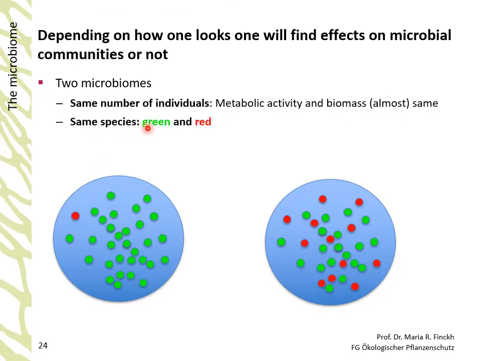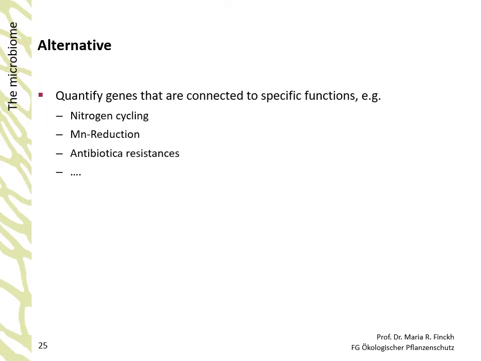And the same species can be found, the green and the red. So if we look at this level, we will not see a difference in these 2 microbiomes, which is obvious, however. The equilibrium is shifted. And this is something we start paying more attention to when we think about microbiomes.